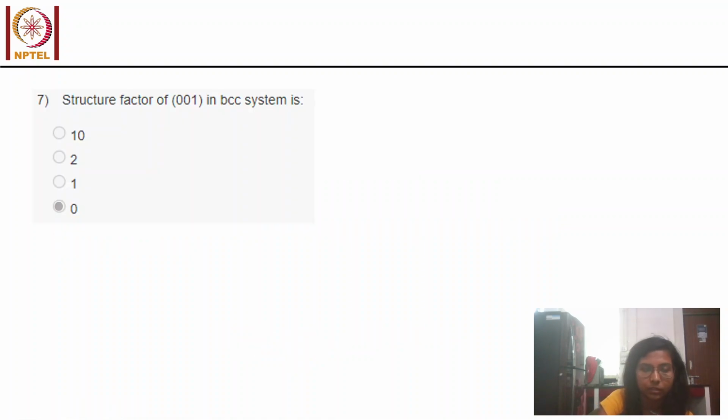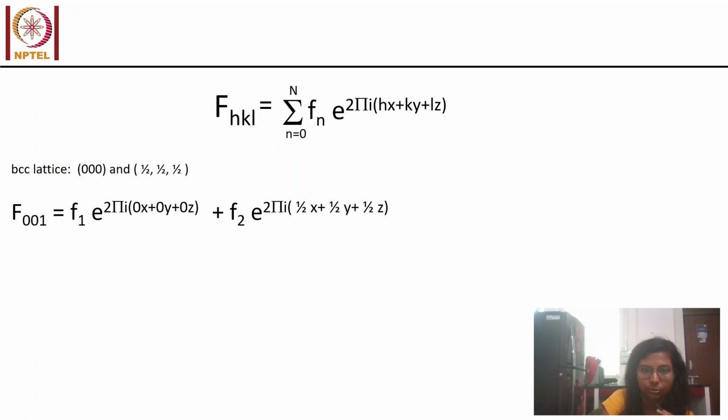So this was the question, a very interesting one. You had to find the structure factor of the 001 plane in a BCC system. I hope you have enjoyed doing this. Here I have not solved it fully. At first we write the structure factor equation.